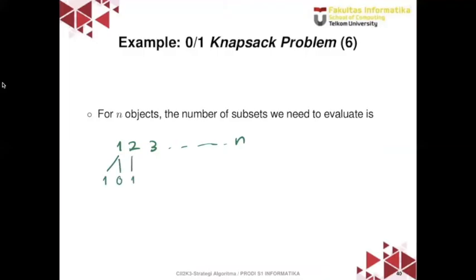Object 2 may be chosen or maybe not. Also with object 3, and so on until object n, which means for each object we have two possibilities, such that for all items in total we have 2^n possibilities.